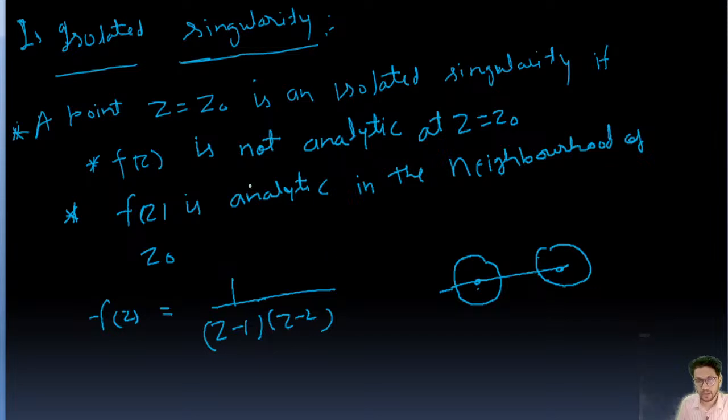It means z equal to 1 and z equal to 2 are isolated singular points. At z naught the function is not analytic, but it is analytic in the neighborhood of z naught. Then these points are called isolated singular points.